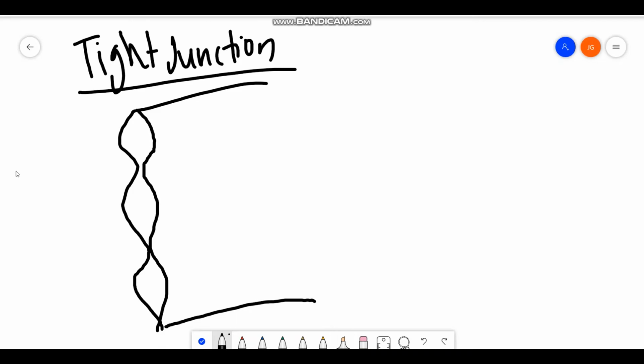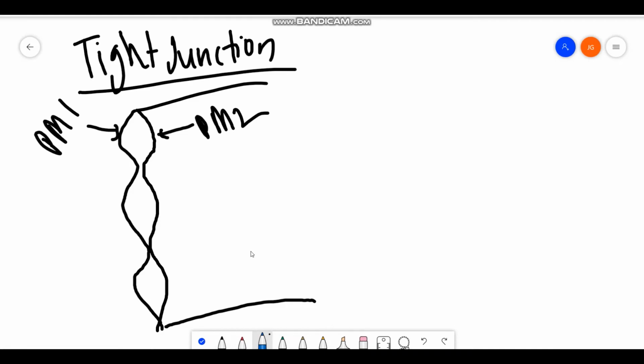So think of it as kind of like two wavy sheets of paper next to each other. So these are two plasma membranes. Let me label this as plasma membrane 1, and this one is plasma membrane 2. And you can see that there's still a gap between them.